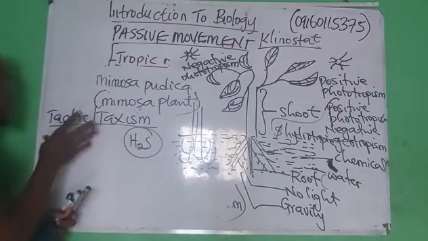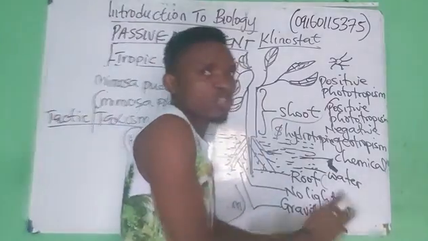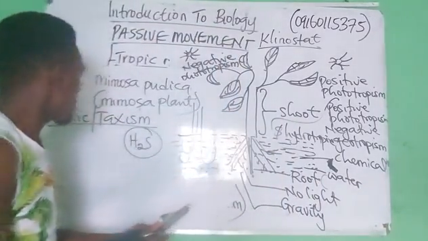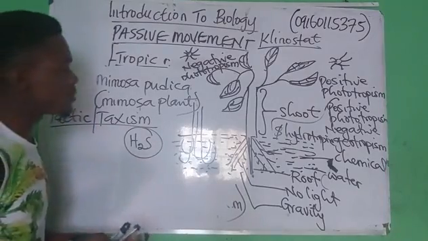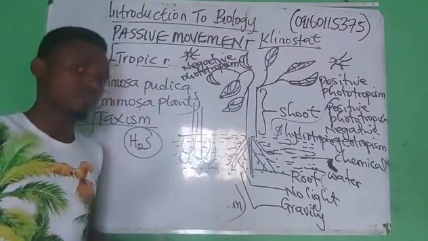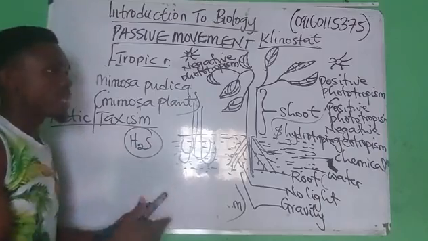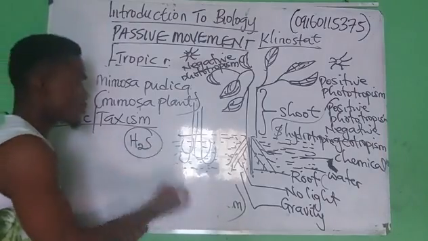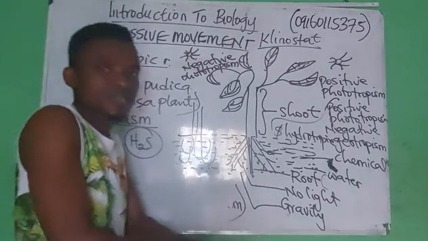But just note that in tactic movement, the whole part of the organism is involved, and it is what? Non-directional, right? When you respond to light, all right, you call it what? Positive phototaxism. Taxism, all right? Bacteria moving towards the source of chemical, all right? It becomes what? Positive chemotaxism.